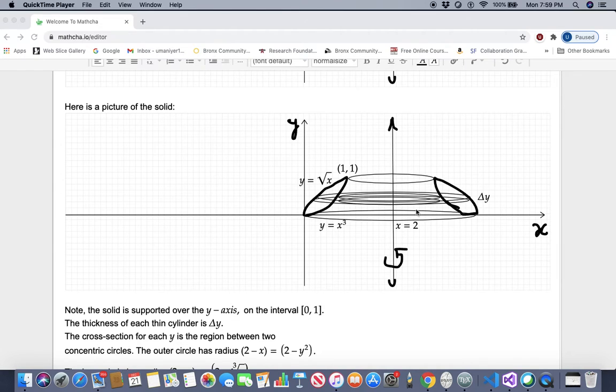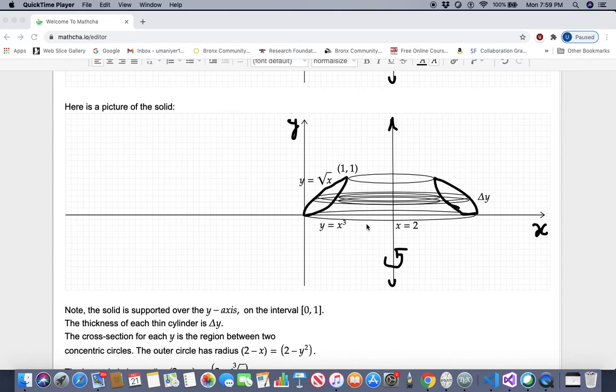To summarize, this solid is supported on the y-axis, the vertical axis, from 0 to 1. That's the highest y. The thickness of each cross-sectional cylinder is delta y. The cross-section for each y, when you take horizontal slices, is the region between two concentric circles: an outer circle and an inner circle.